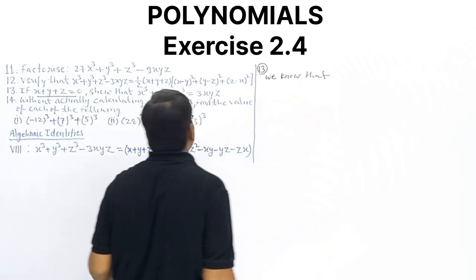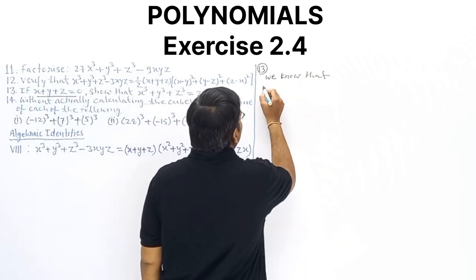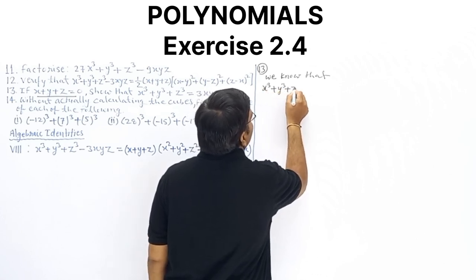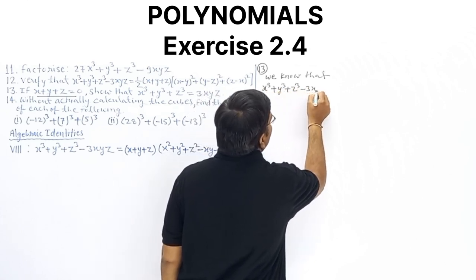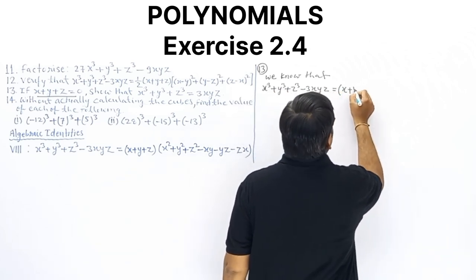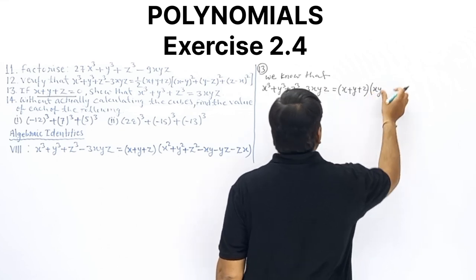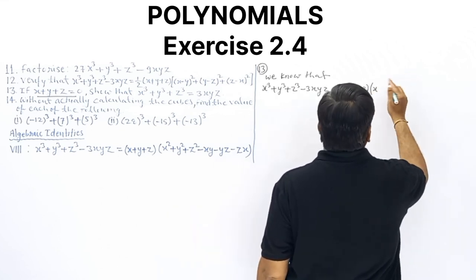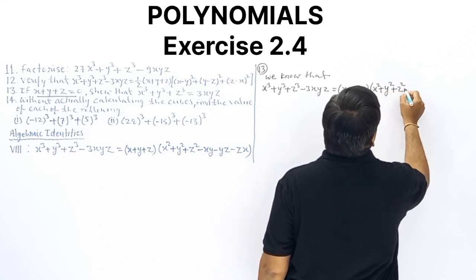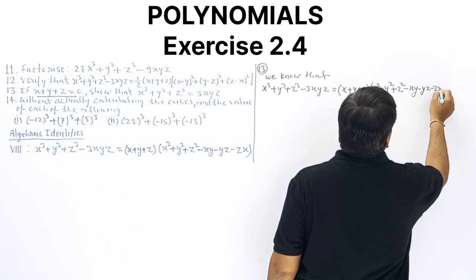I am writing it there. We know that algebraic identity 8 is x cube plus y cube plus z cube minus 3xyz equals (x plus y plus z) into (x square plus y square plus z square minus xy minus yz minus zx).